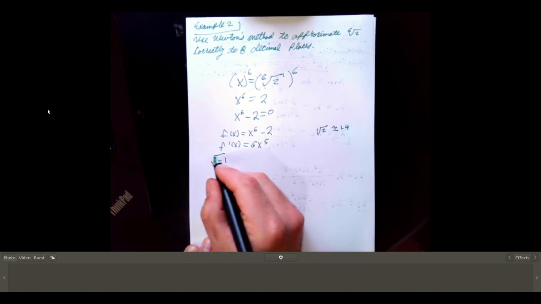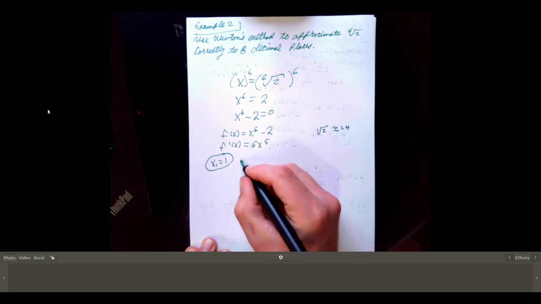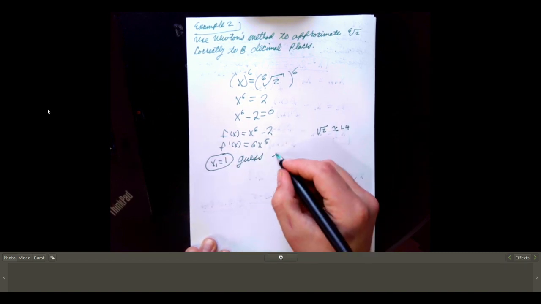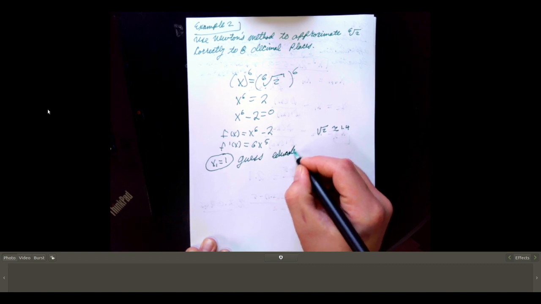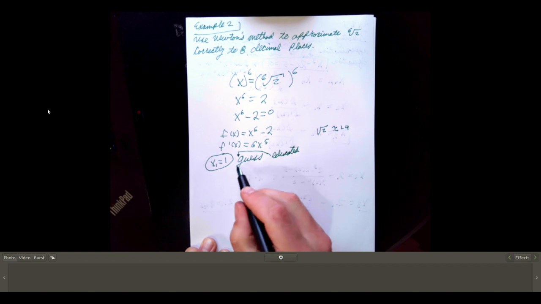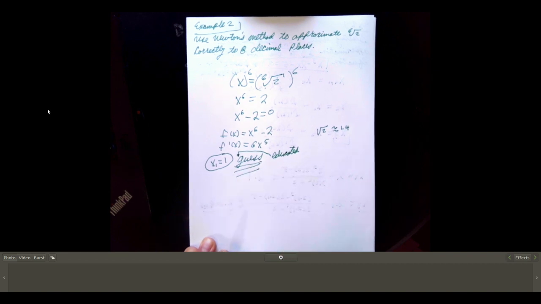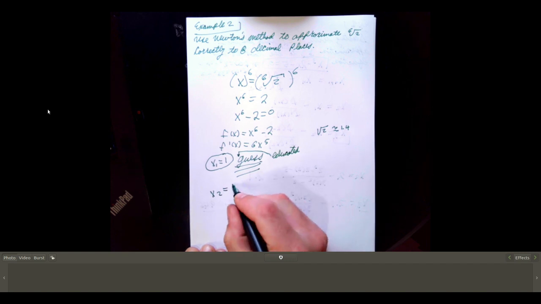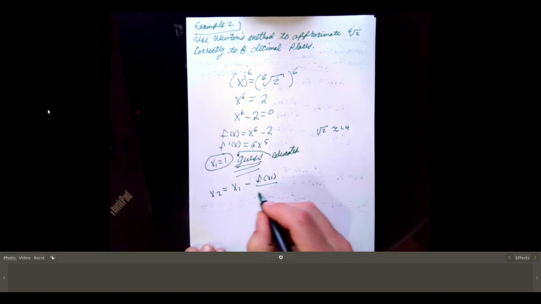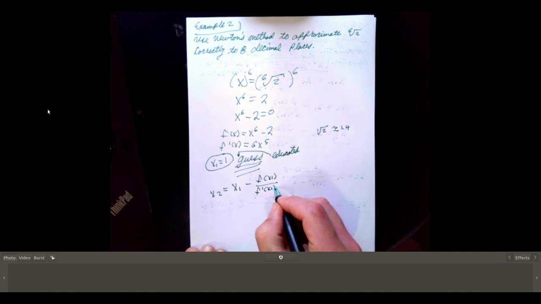After I make an educated guess, but it is still just a guess, we would get x2 being equal to x1 minus f of x1 divided by f prime of x1.